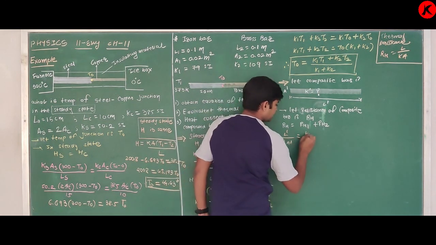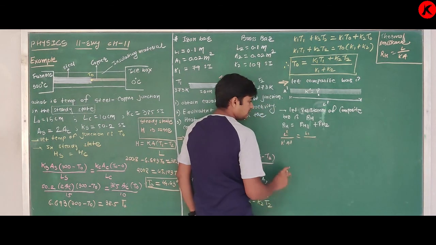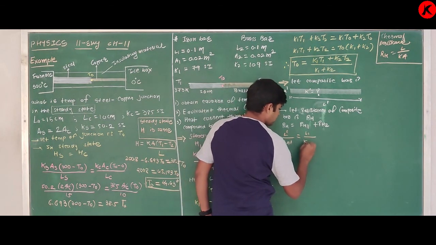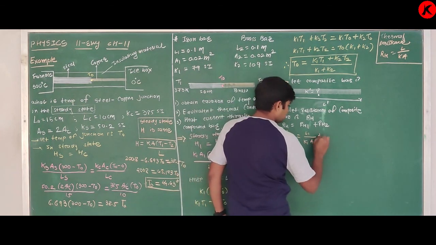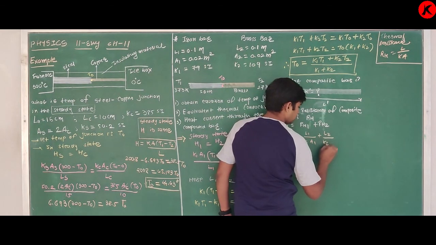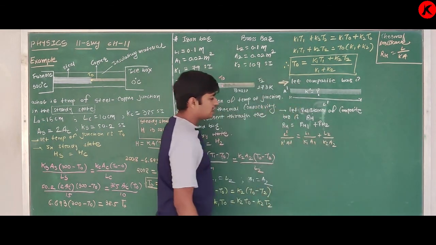For the first it is L1 upon K1 A1 plus L2 upon K2 A2.